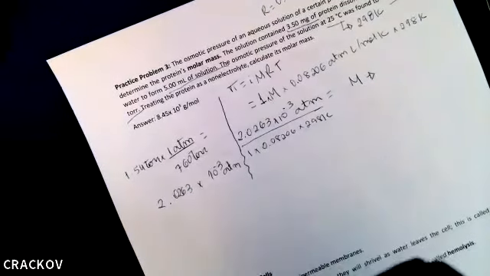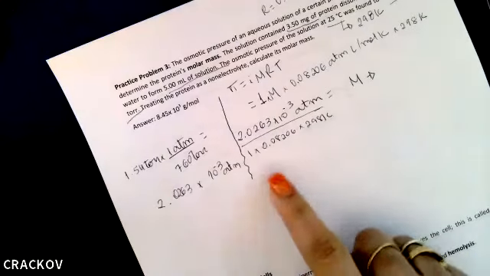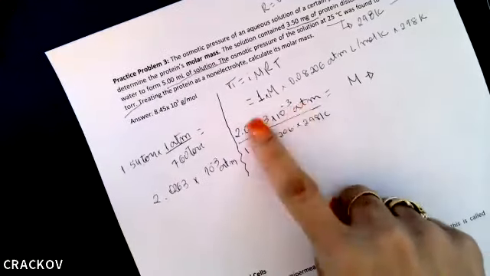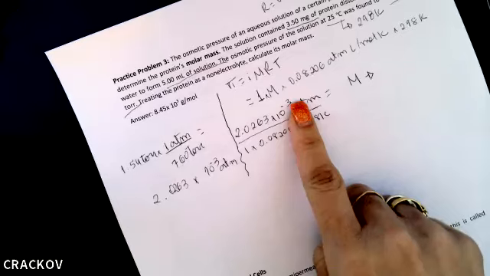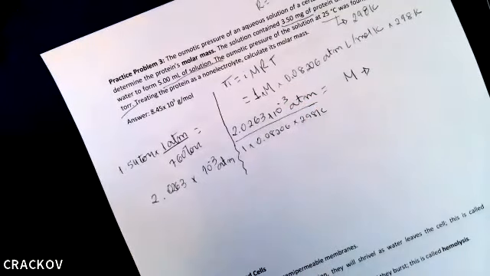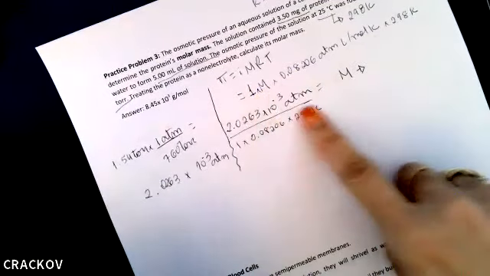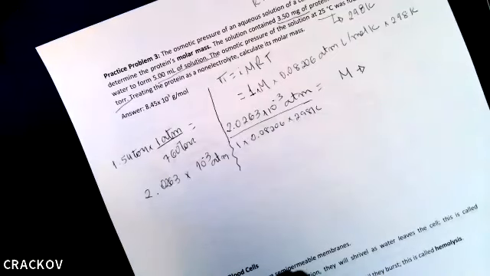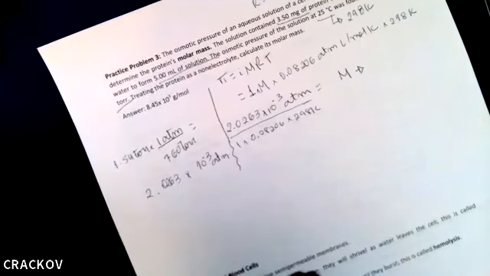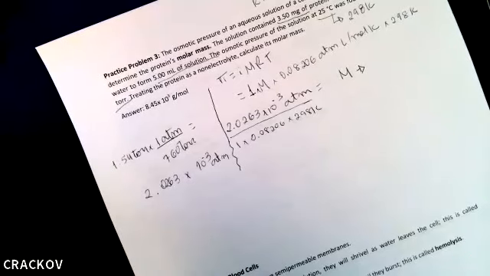It will be the osmotic pressure divided by all this, 0.08206 times 298.